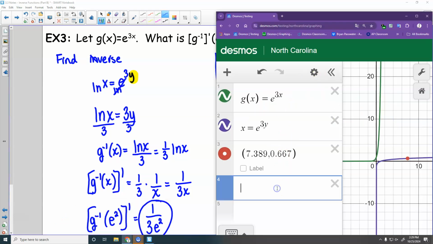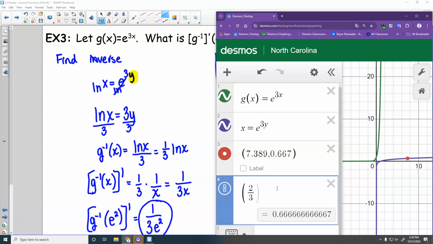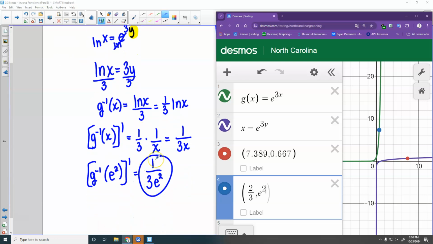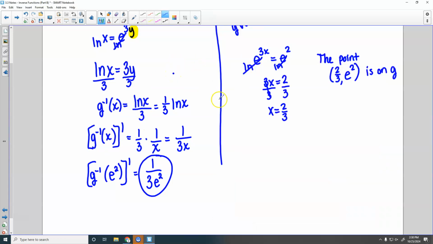So if I do 2/3, e squared, you can see that's the corresponding point on that graph. This is an alternate solution, a different way of doing it. So my answer for the question is 1/3 e squared, and I could just do the problem that way. So this is just an alternate way of looking at it, but I want to do it this way because we're going to see some where we can't find the inverse. So we're going to have to do it this second way.